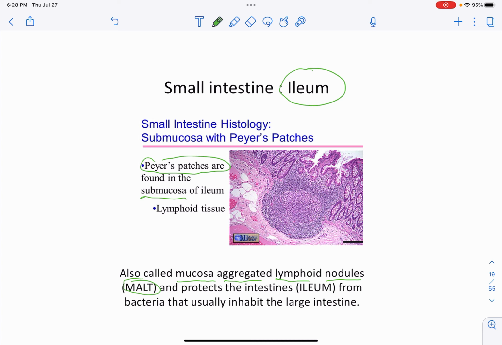That's what you'll see in the scientific literature. And what these Peyer's patches are doing is protecting the intestines from any bacteria that should not be in the small intestines. They act kind of like tonsils would in the mouth. They're going to get rid of any type of bacteria or pathogen that should not be there. That is the role of the Peyer's patches.